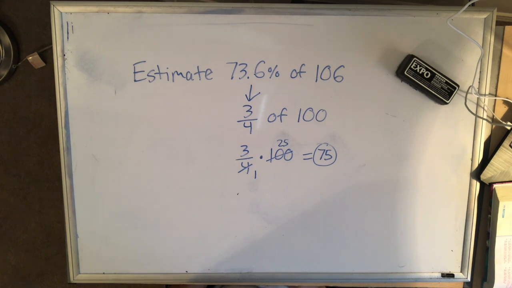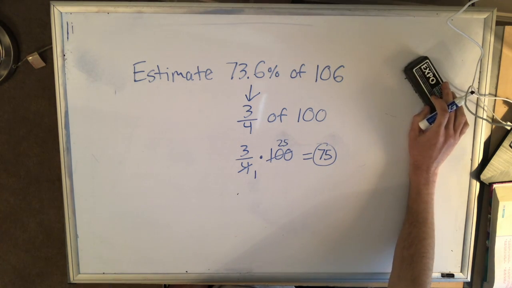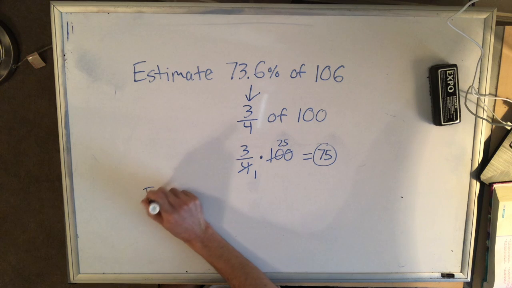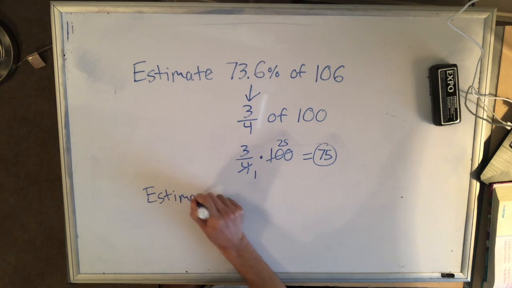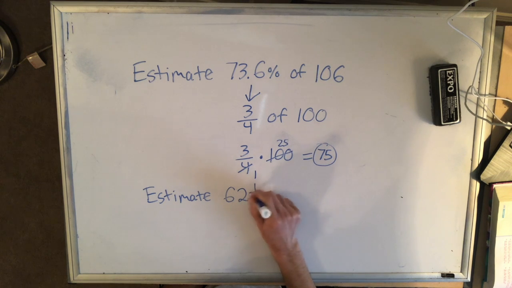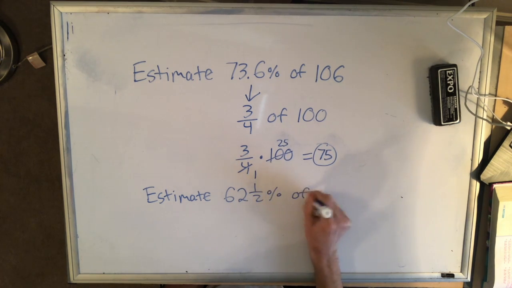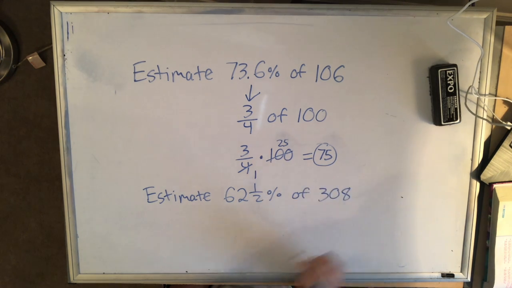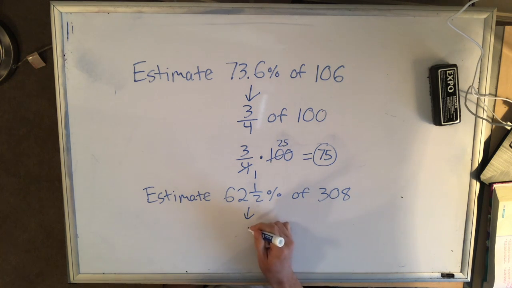Now let's estimate 62.5% of 308. If you look at the bottom row in the table, 62.5% is the closest to 66 2/3%, which is 2/3.